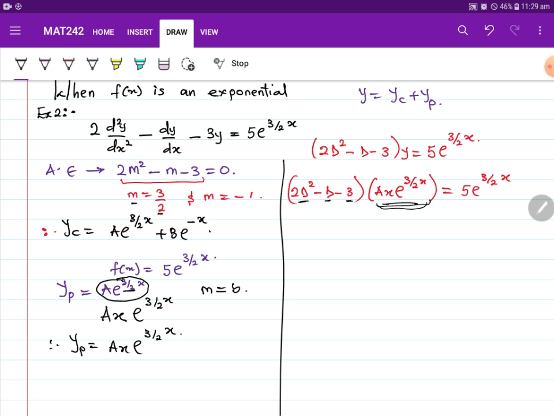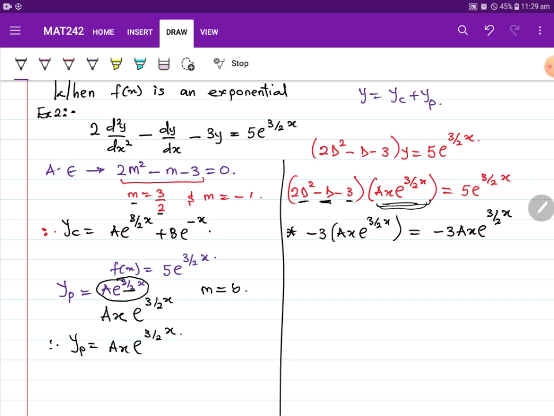To make life easy, let's take it one after the other. Minus 3 of ax exponential 3 over 2x, that's minus 3ax exponential 3 over 2x for the first one.